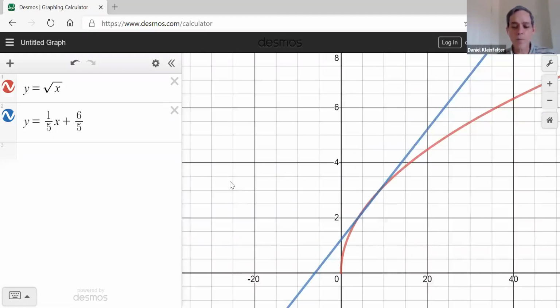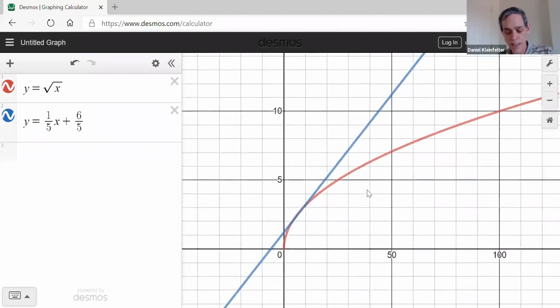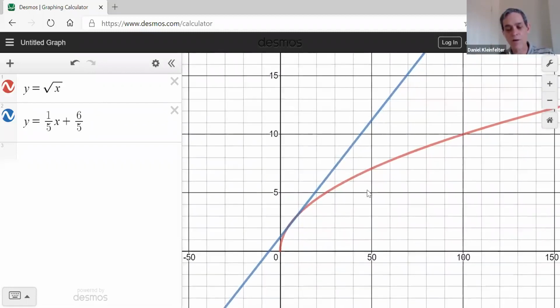Close to where our approximation is occurring, our linear function is close to what the value for the square root is, because that's where we built our linear approximation. Of course, as you zoom out, you can see that the graph of the square root is really far from what the linear function is.